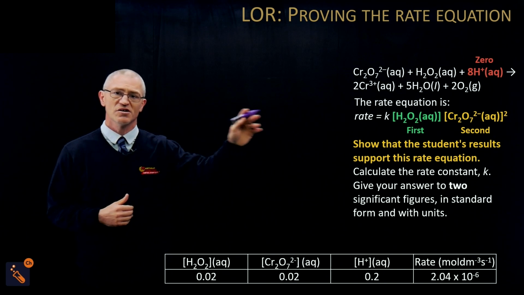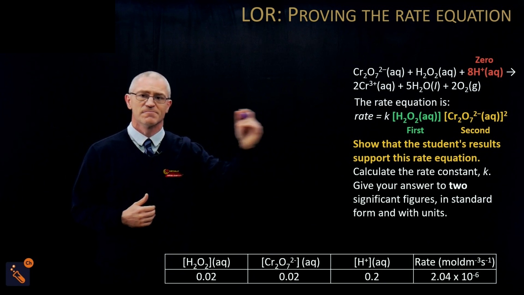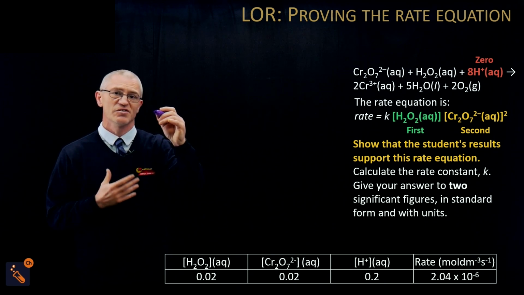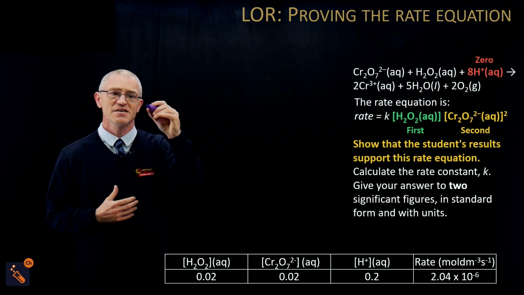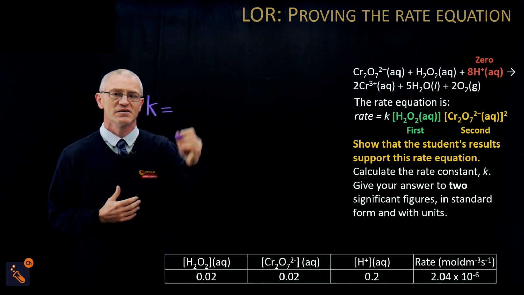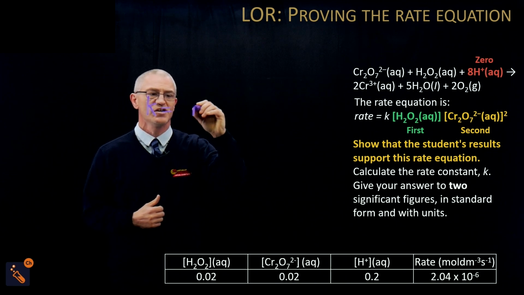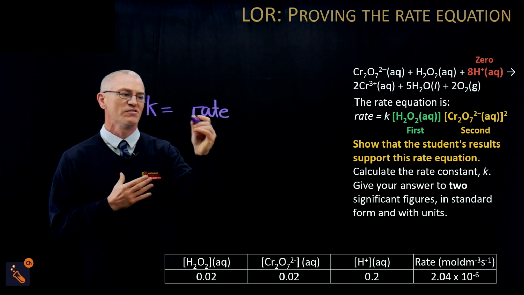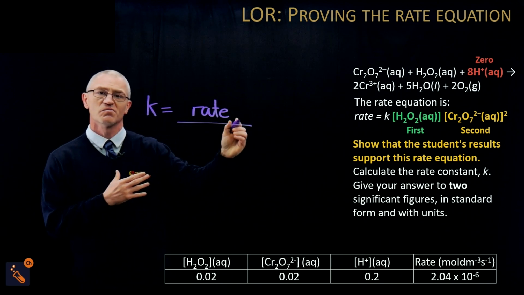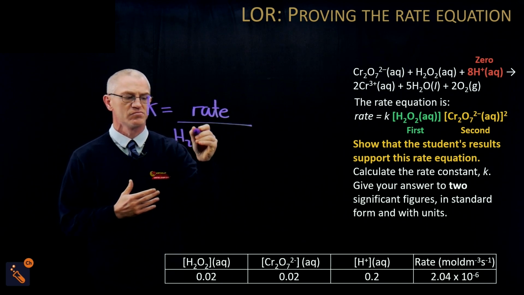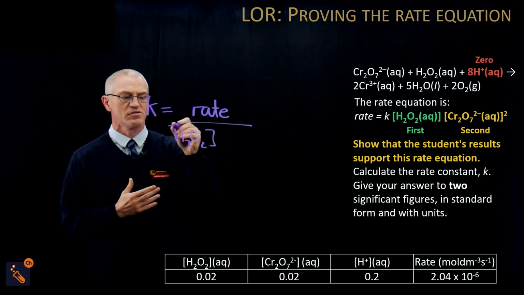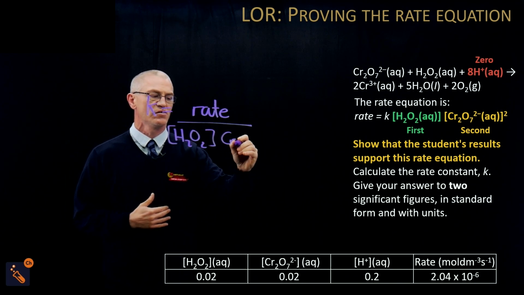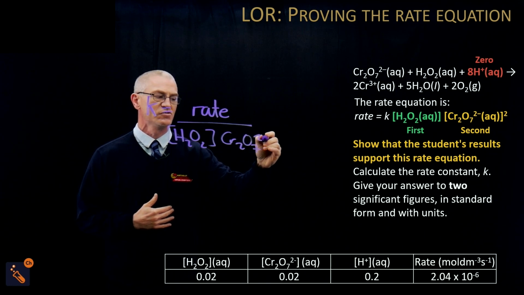So we know that our rate equation is that, and so if we rearrange that to look at K, K is going to be your rate, and that rate is going to be divided by your H2O2 and your Cr2O7 2 minus.